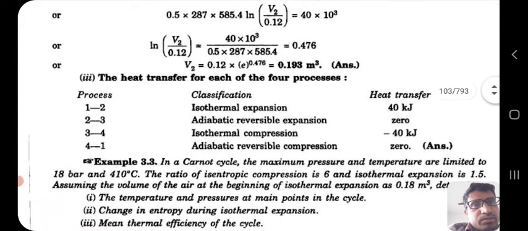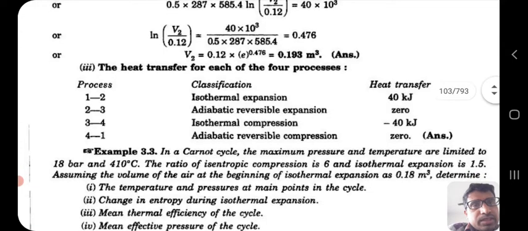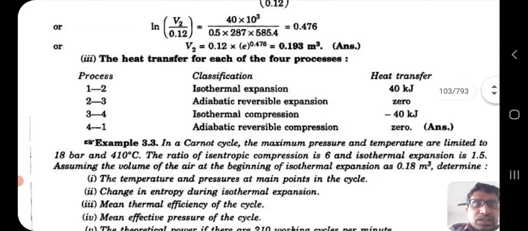So ln V2 by 0.12 is equal to 40 into 10 cube divided by 0.5 into 287 into 585.4, which is equal to 0.476.